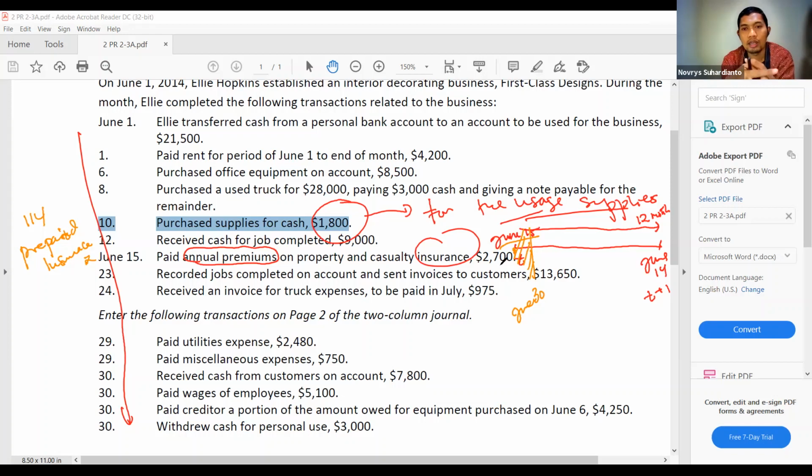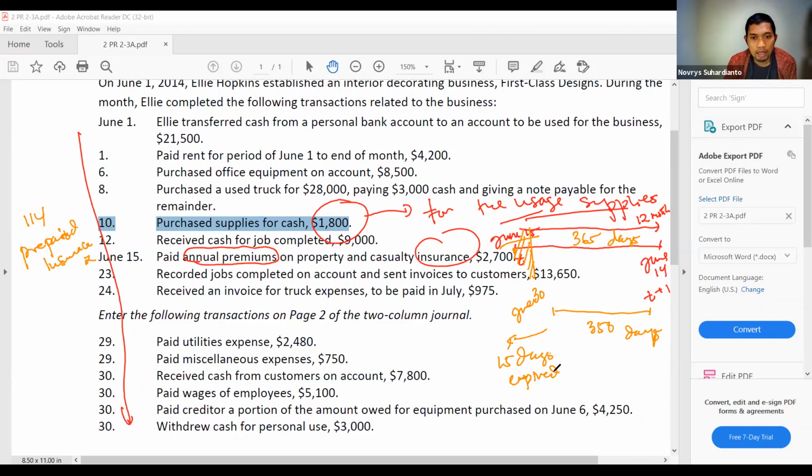Okay, so if a year is 365 days, by the end of June our protection days become only 350 days, and the remaining 15 days have already expired.